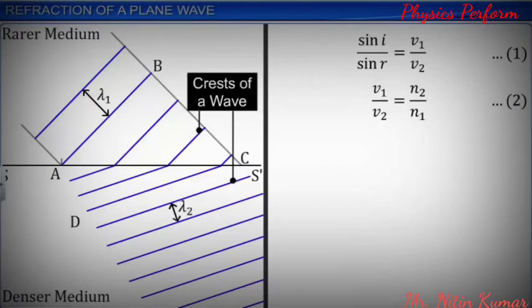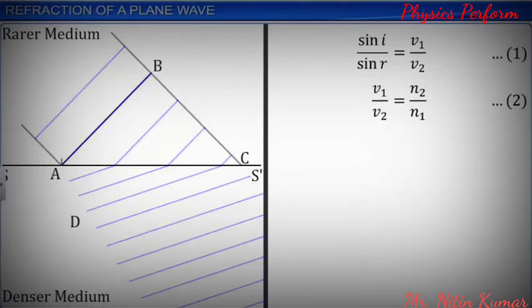If the wavefront AB is considered, the points A and B reach the points D and C at the same time. As such, the number of wavefronts between B and C is equal to the number of wavefronts between A and D. Therefore, BC by AD is equal to lambda 1 by lambda 2.